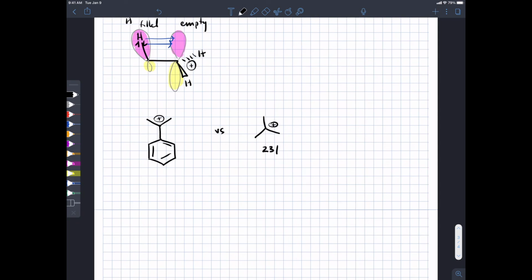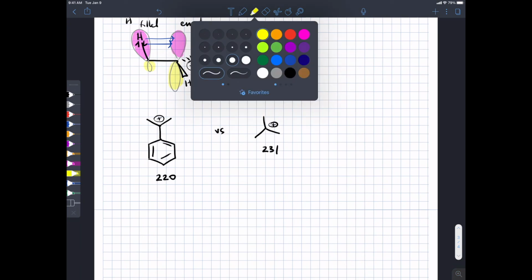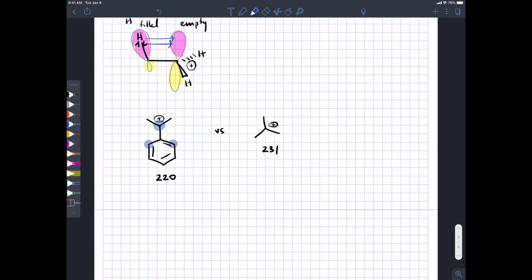This is also a tertiary carbocation, but it's 220. What's the difference there? There's resonance with the benzene ring, and in fact, yes, you could draw several resonance structures in which that positive charge was spread out onto either of those carbons. In general, the more places you have to spread out the positive charge, the more stable that carbocation can be. There are some subtle effects that we probably don't need to go into.